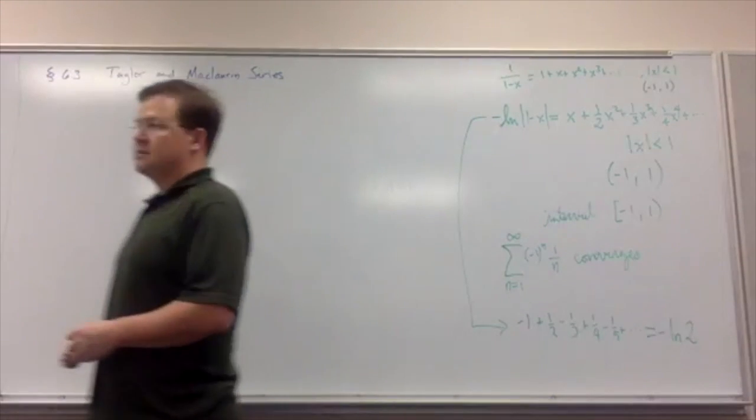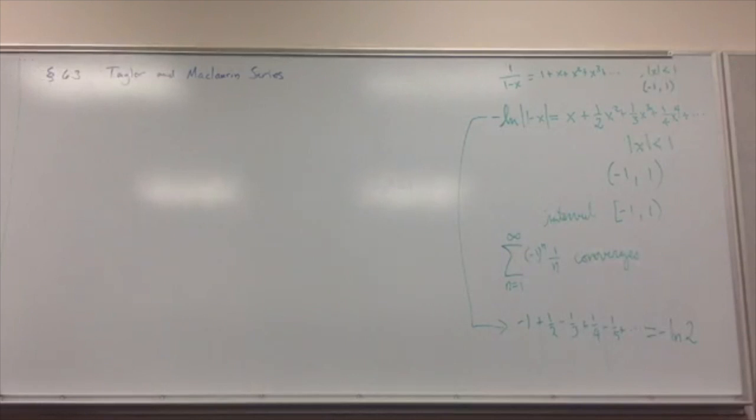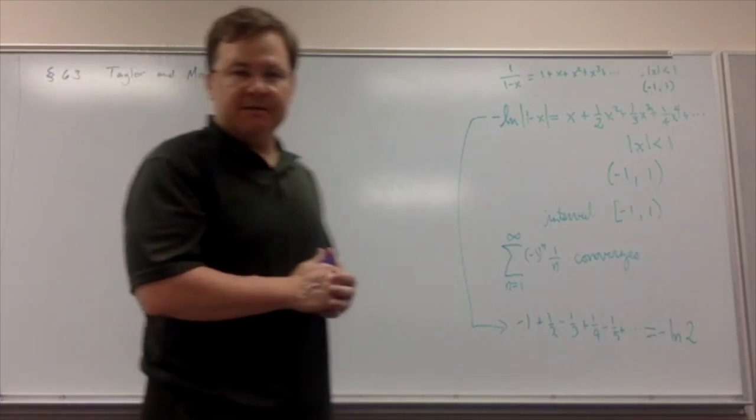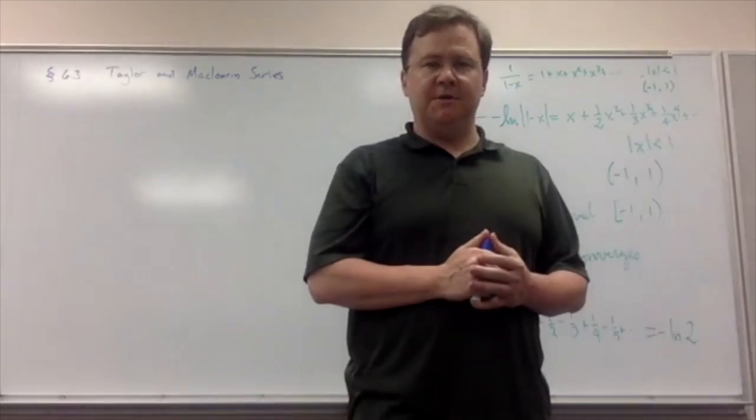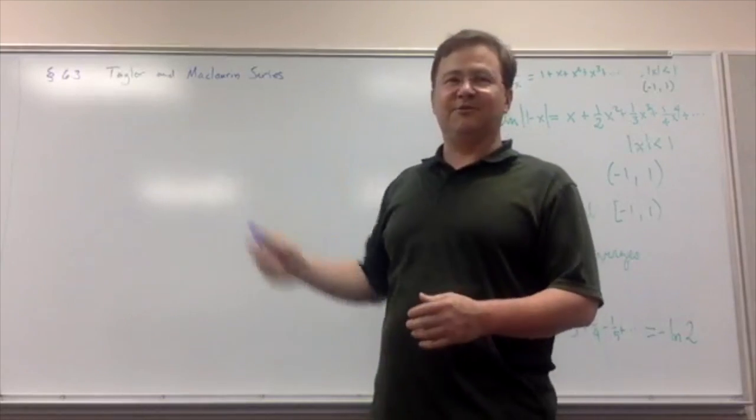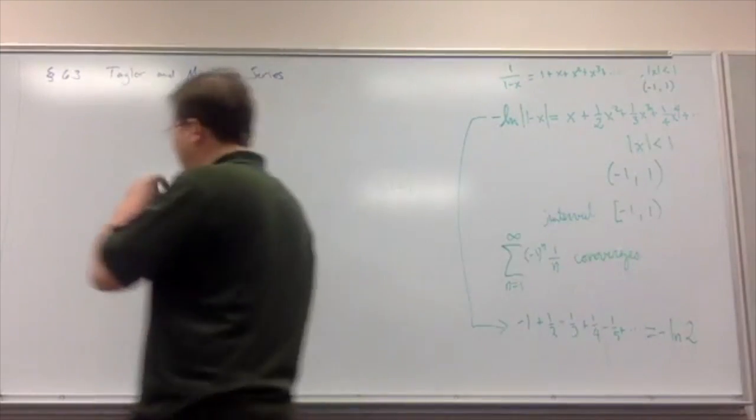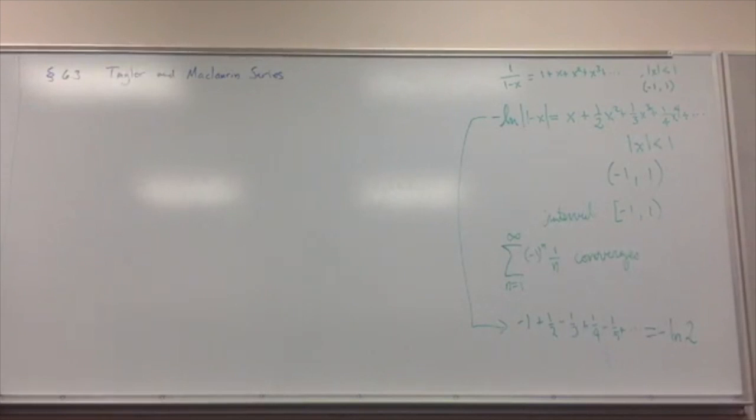So these are just special types of power series. They literally are just power series, actually. So I guess we could have just called them power series, but you've got to give credit where credit's due.